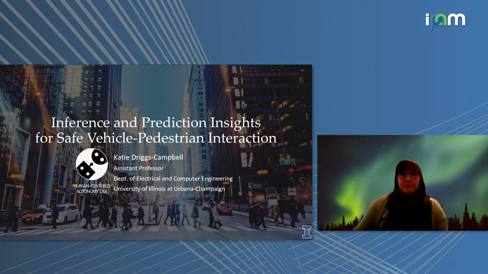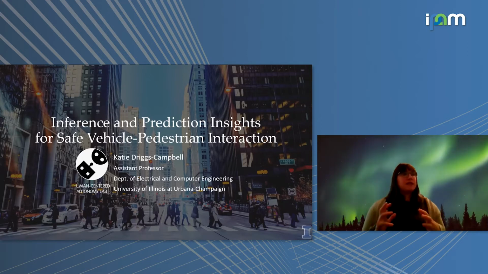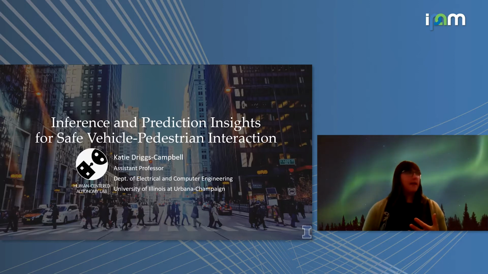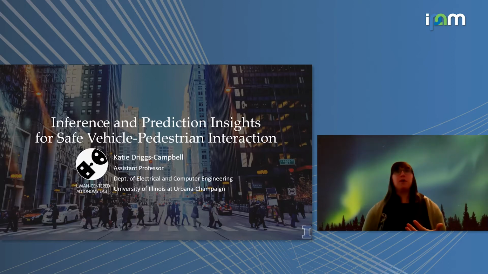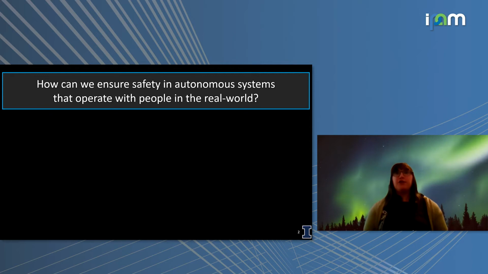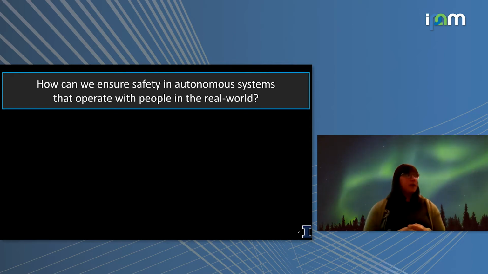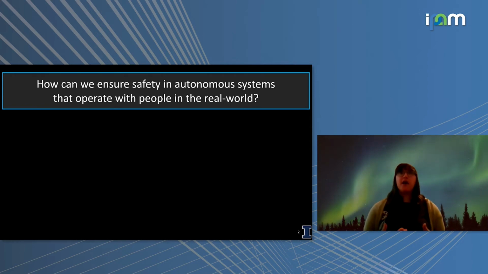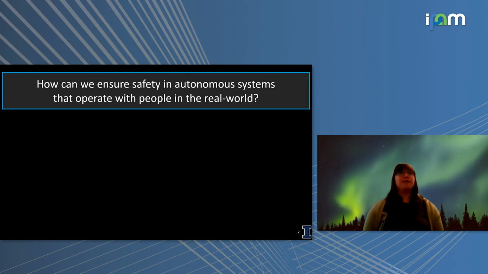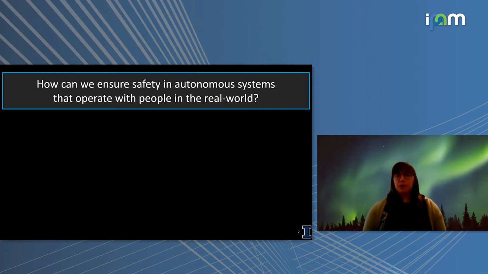To give a little context and background for where I'm approaching this problem, my research group generally tries to answer this question: how can we ensure safety in autonomous systems that have to operate out with people in the real world?